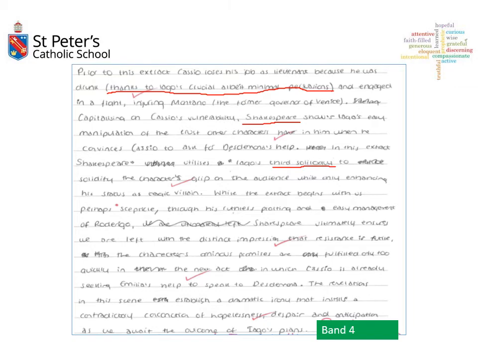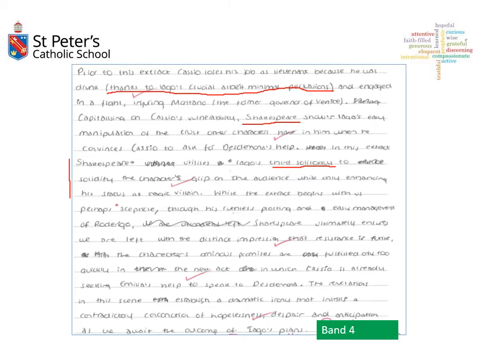So they know exactly where this is coming and how much Iago's already spoken to the audience, to solidify the character's grip on the audience while enhancing his status as tragic villain. So really good, effective commentary there about what's going on in this extract and its significance. It's not just telling me what's happening, it's telling me why it's important.